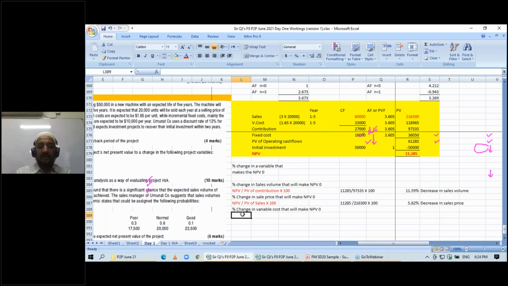which is acceptable. Then in case of variable cost, the formula will be NPV divided by present value of variable cost, multiplied by 100. So 11,285 divided by the present value of variable cost, which is 118,965.